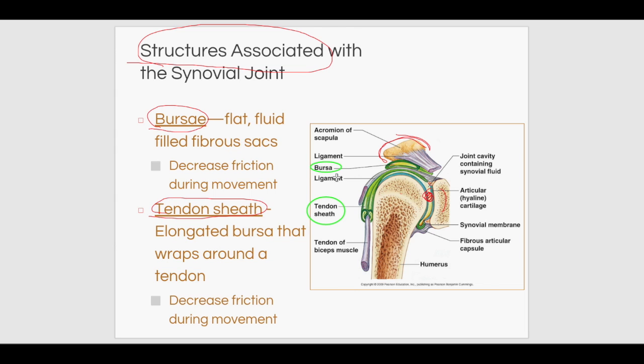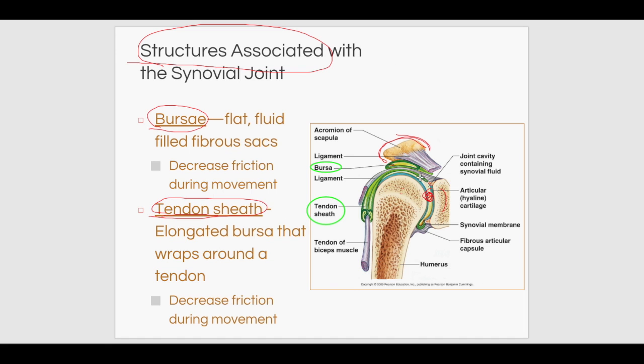So what this bursa does, it's just this fluid-filled sac that will prevent any kind of compression and prevent some friction that'll occur between this bone of the joint and any bones next to it.